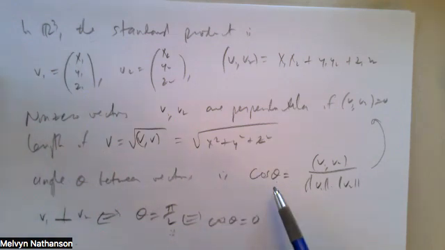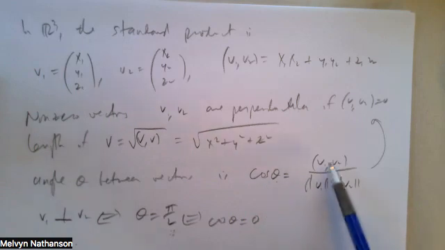And conversely, if the vectors are perpendicular, the cosine is 0, which means the inner product has to be 0. So this is just to put the inner product into the setting that should be very natural.